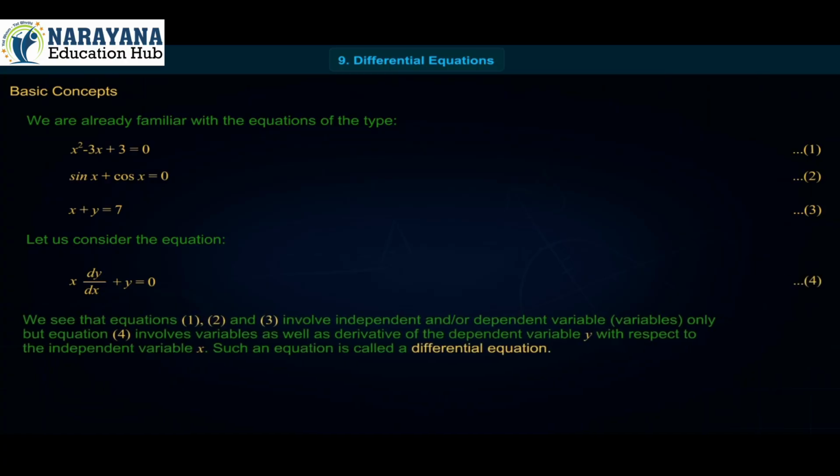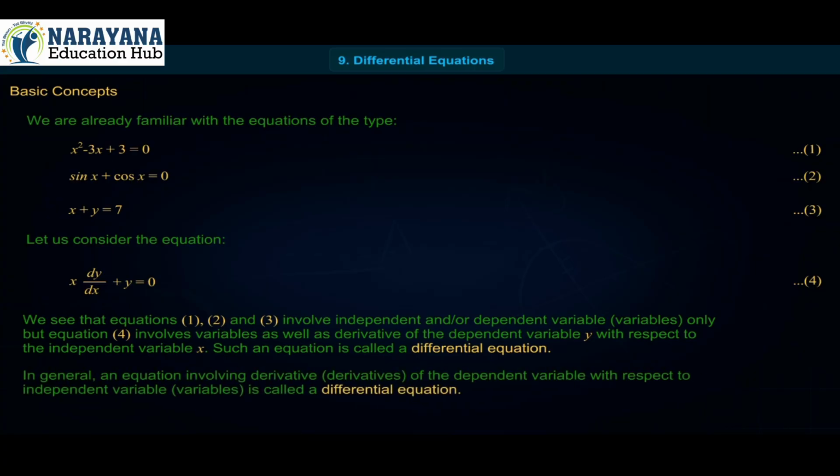We see that equations 1, 2 and 3 involve variables only, but equation 4 involves variables as well as the derivative of the dependent variable y with respect to the independent variable x. Such an equation is called a differential equation.